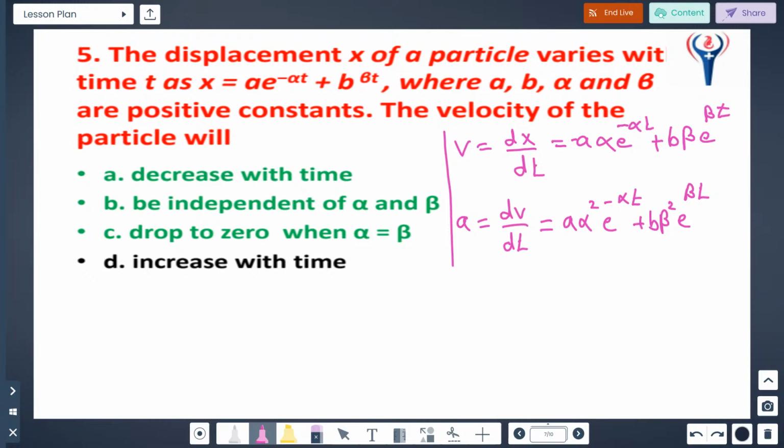This value will be greater than 0. It means it increases with time. Option D is the correct answer.